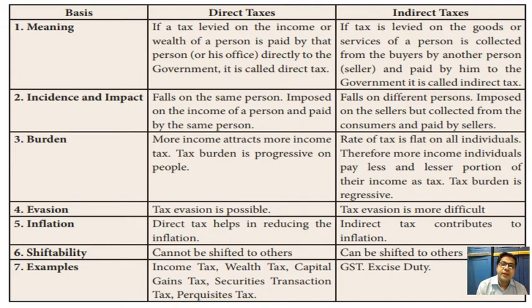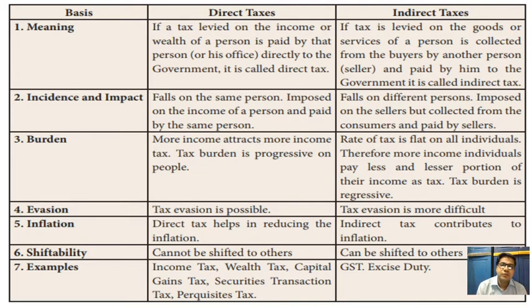Now indirect tax: if the tax is levied, meaning enforced, on the goods or services of a person, is collected from the buyer by another person, the seller, and paid by him to the government, it is called indirect tax.